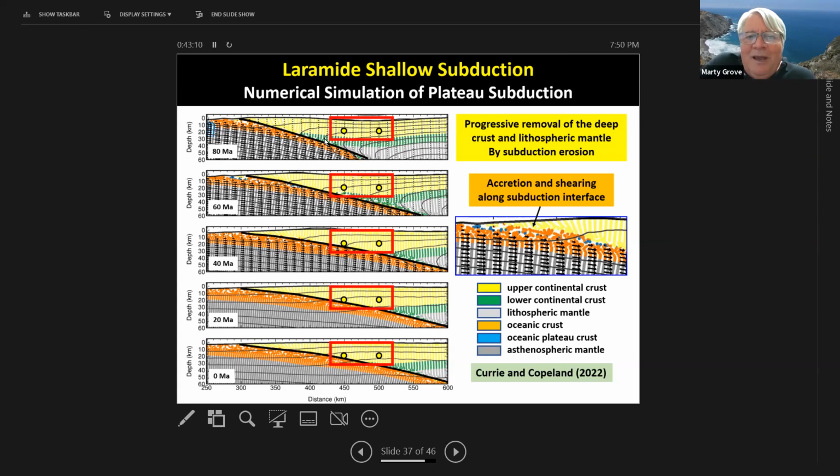What's happening is that there's subduction erosion of the lower crust occurring between 80 to 60 and the lithospheric mantle. By 40 million years, there is almost no lower crust in the red box. And you can see lithospheric mantle is way off onto the end of the right.